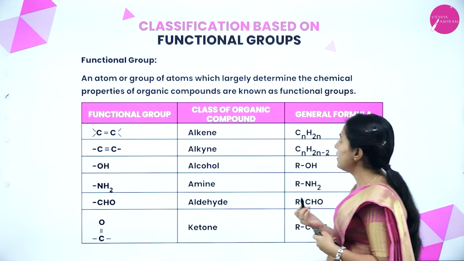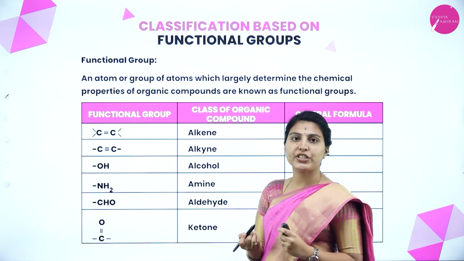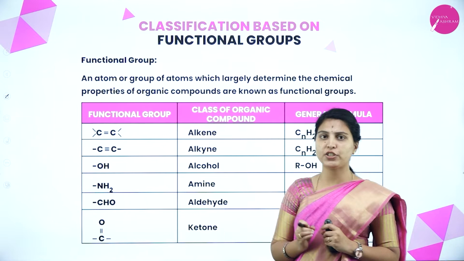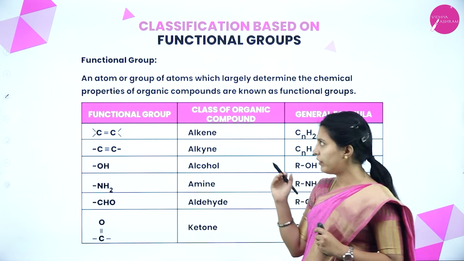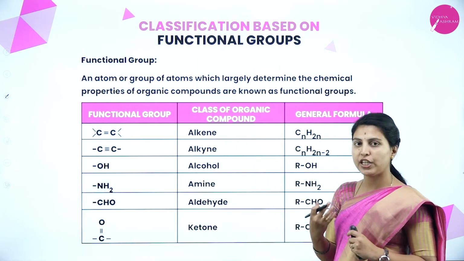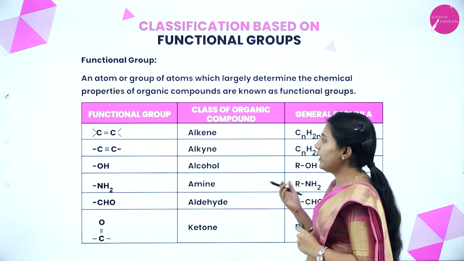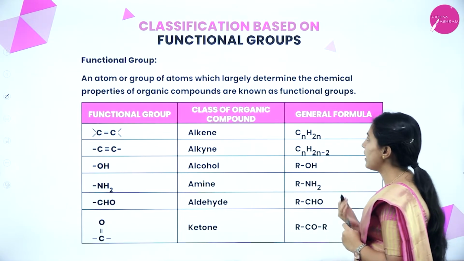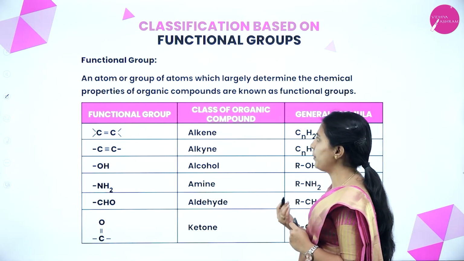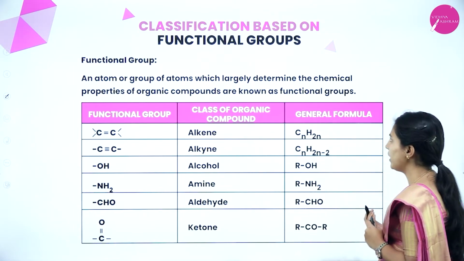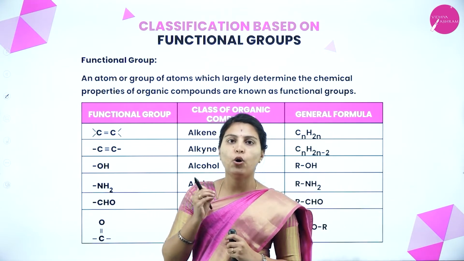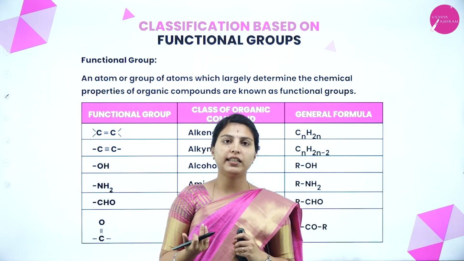Next is classification based on functional groups. Till now we have seen classification based on carbon skeleton. Now we are looking at classification based on functional groups. What is a functional group? An atom or group of atoms which largely determines the chemical properties of organic compounds is known as a functional group. For example, if OH is present in a compound, then we say it is an alcohol.